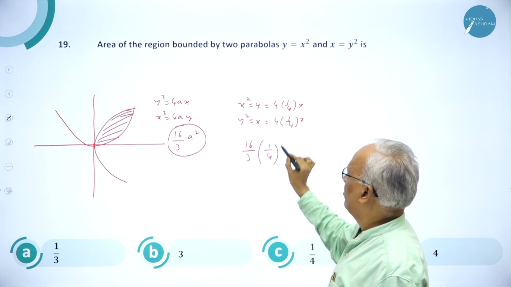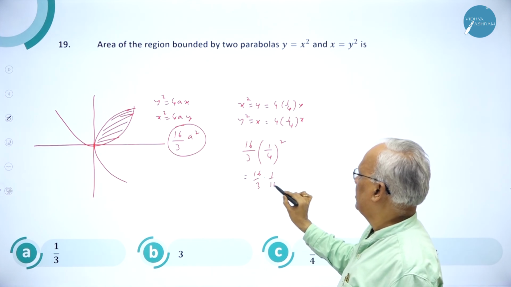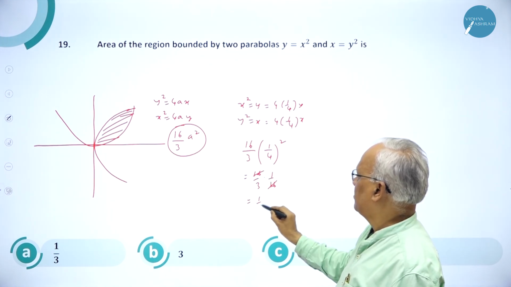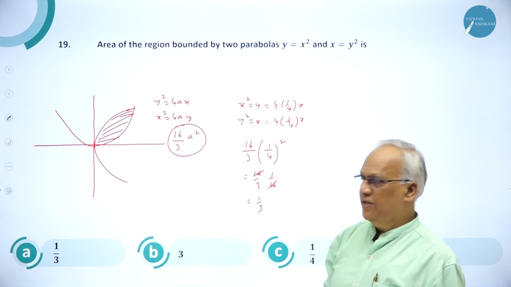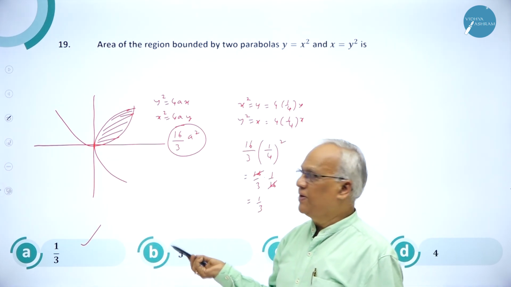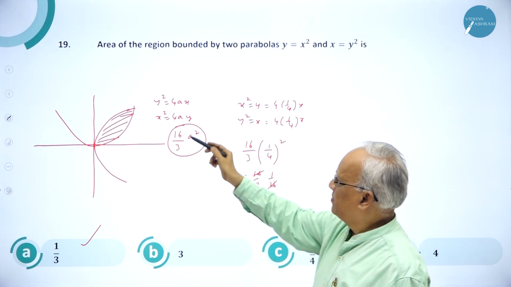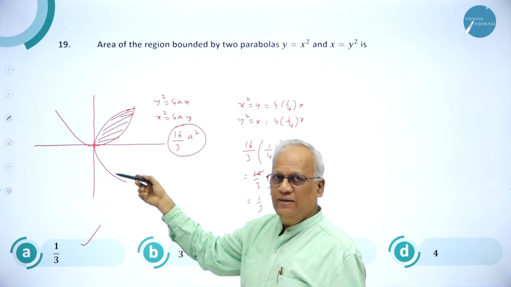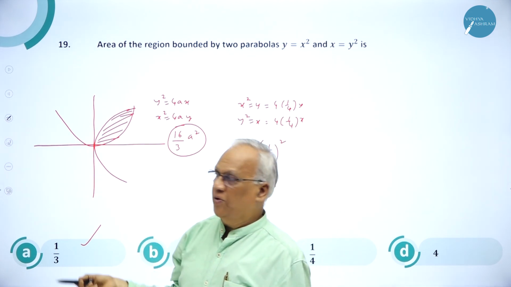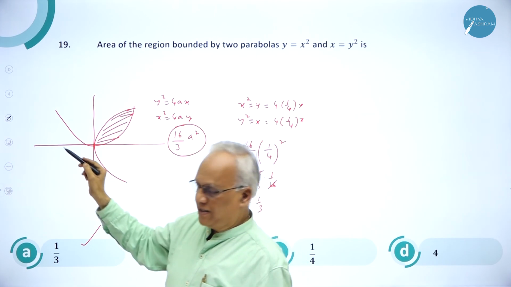So 1 by 4 whole squared, which is 16 by 3 into 1 over 16. So this cancels, which is equal to 1 by 3 square units using that idea. So this is a very simple one if you know this. Otherwise, you have to solve and integrate between this and then get it. That takes more time. So better you use this standard problem.